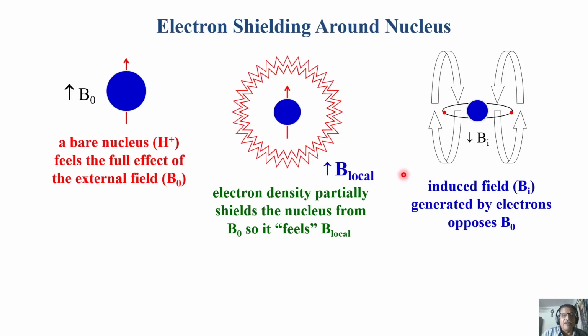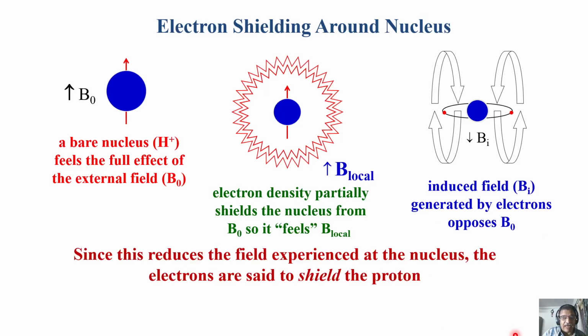Please understand the point. A bare nucleus sees the complete effect of the external magnetic field. If you have electrons moving around the nucleus, they shield the nucleus, and the nuclear spins also see the local field. This local field comes because of the electrons, which induce a small field, the induced field Bi. It opposes the main magnetic field B naught. So what is going to happen?